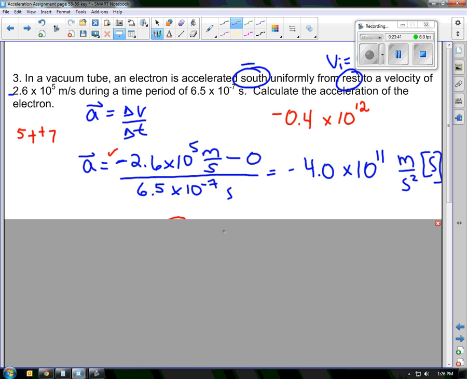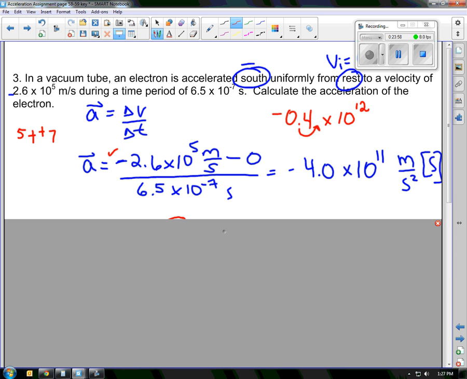And then you think you're almost done, but you're not quite. You have to move this decimal place over 1 to the right, because proper scientific notation always has a number greater than 0 to the left of the decimal place.